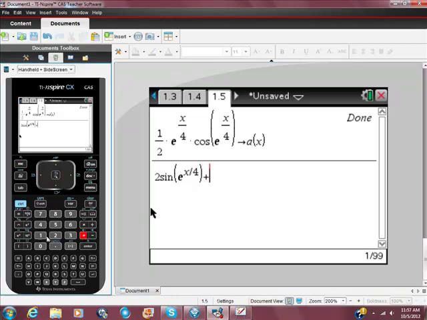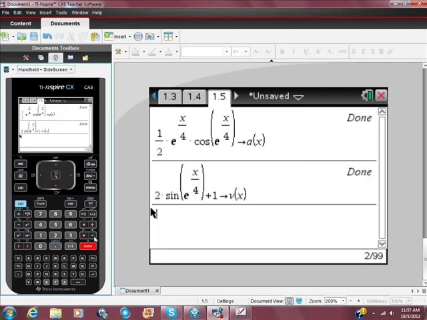Just to remind everybody how to save a function, we go to Control, Store, right? And I'm going to call this v of x. Just so you know, if you put it in as t, as long as the variables match, it'll work. I just happen, because of the graphing thing, to usually do it this way.